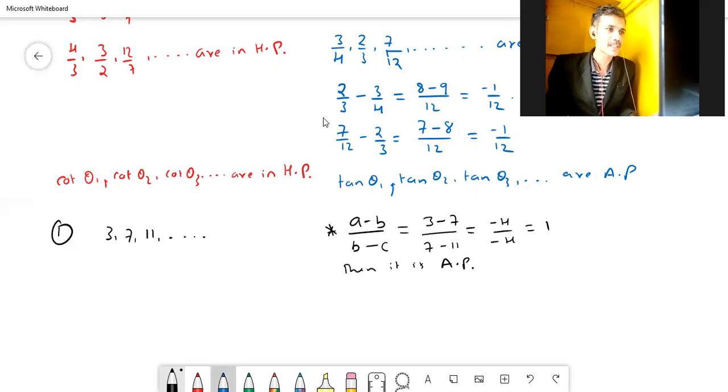How is an arithmetic progression obtained? Except the first term, the remaining terms are obtained by adding a fixed number to the previous term. So you can identify it when three terms are there: if you calculate a minus b upon b minus c, you will get 1.